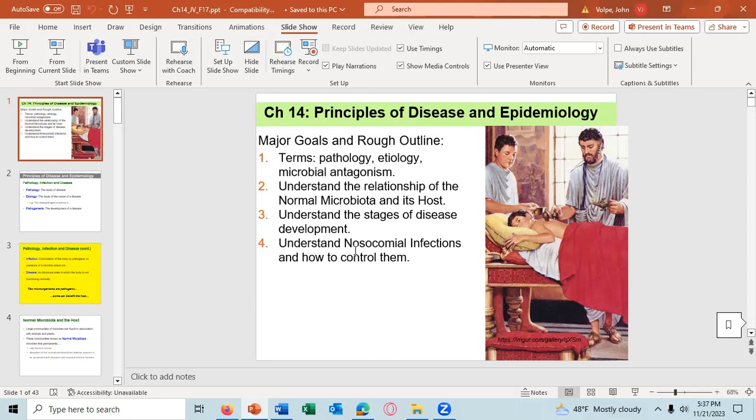A nosocomial infection is also called a health care acquired infection.